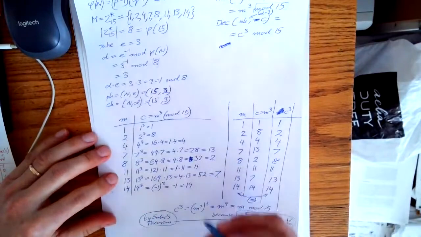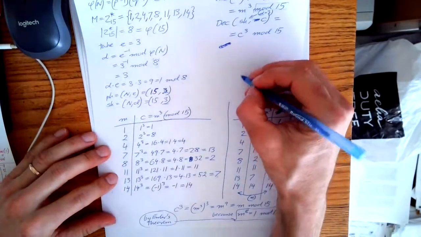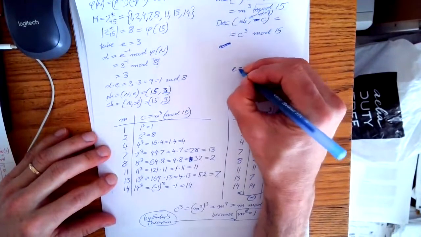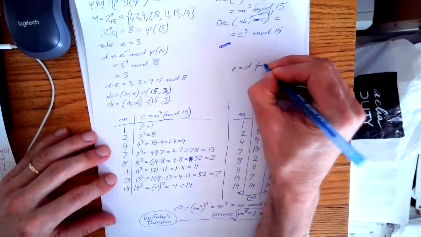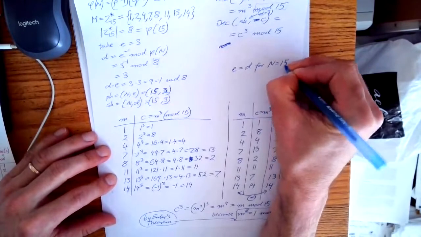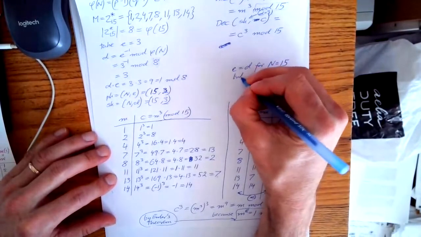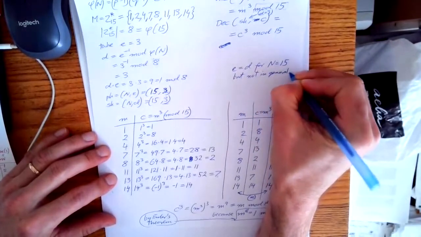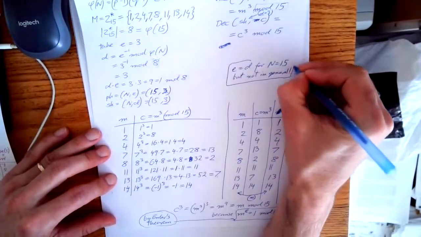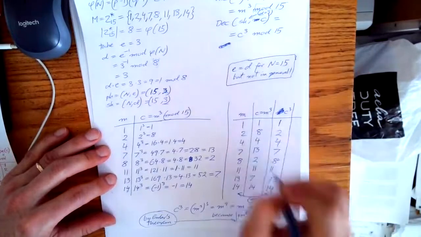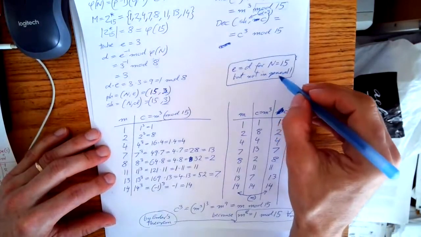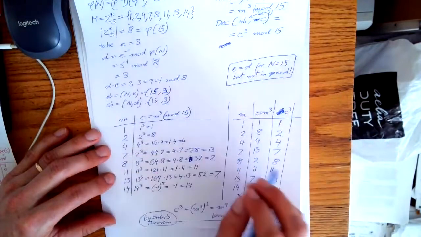So this was simplified by the fact that here we happen to have E equals D for n equals 15, but not in general. So whoever looks at these notes, don't think of this as a general thing.